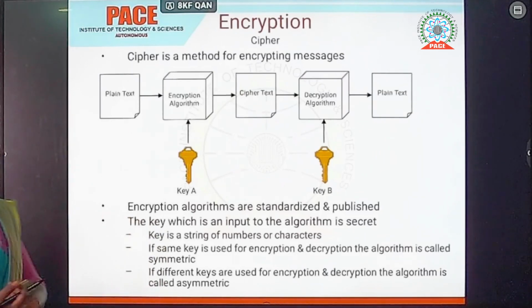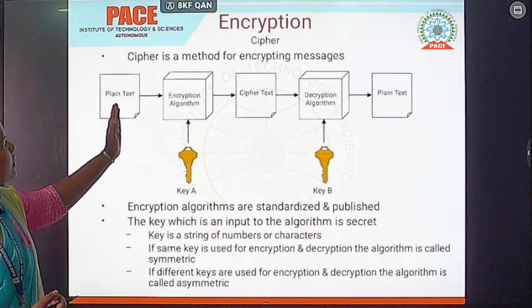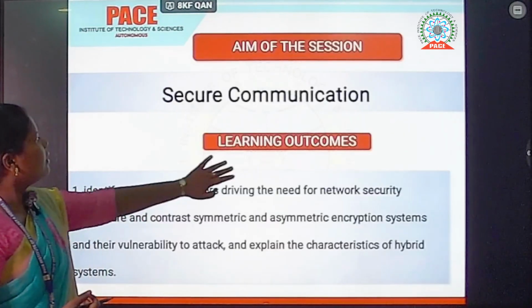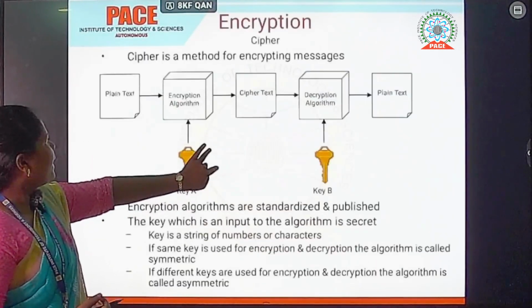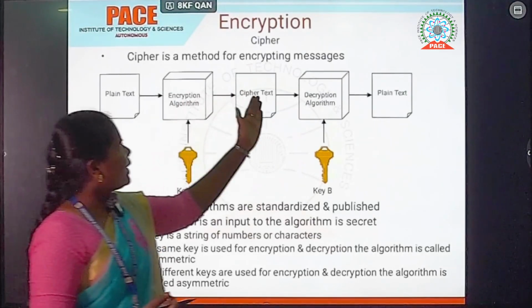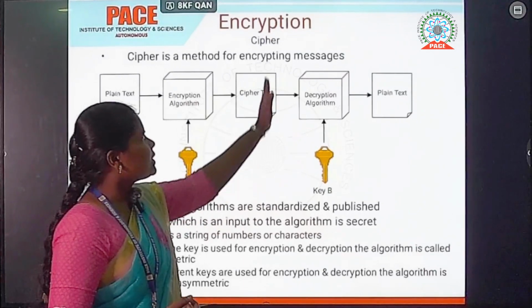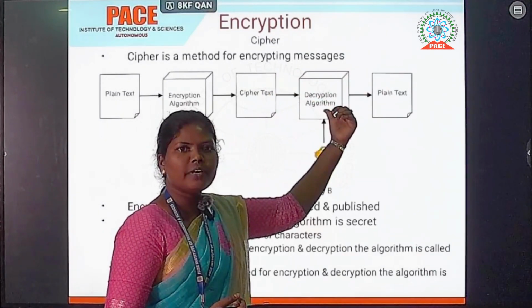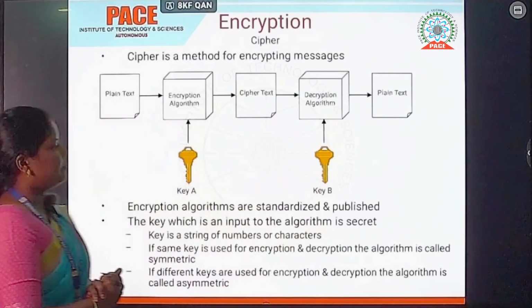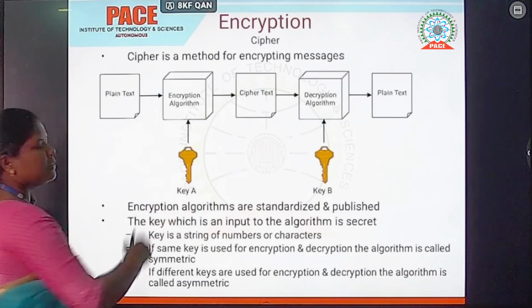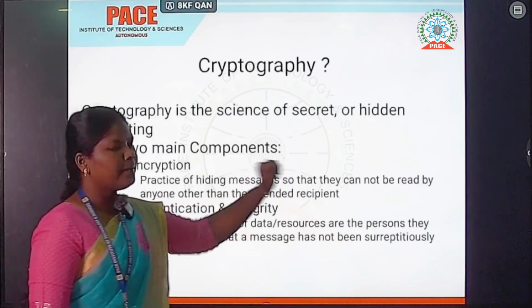So the plain text is converted into the ciphertext by using the encryption algorithm. And again, ciphertext is converted into plain text using the decryption algorithm. That's why in this we have key A and key B.